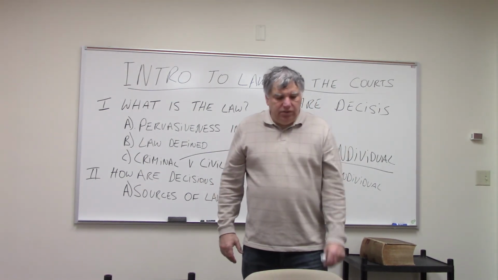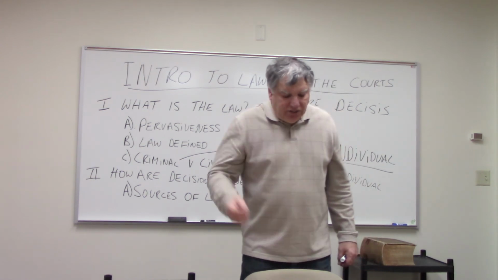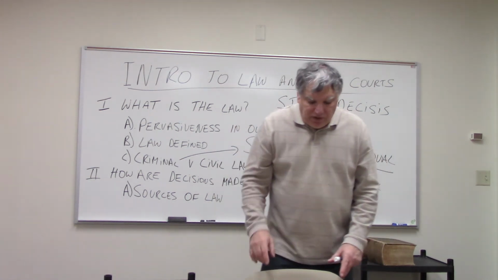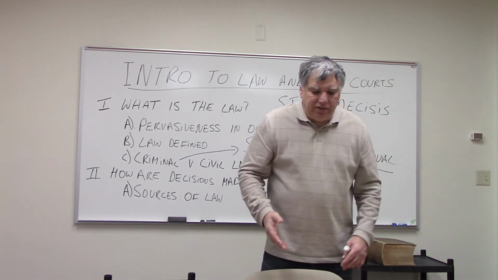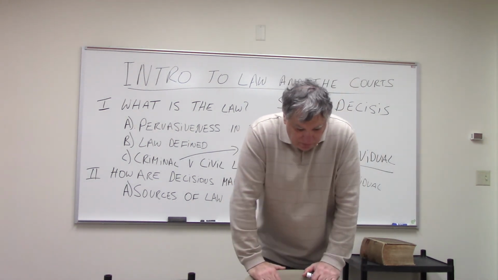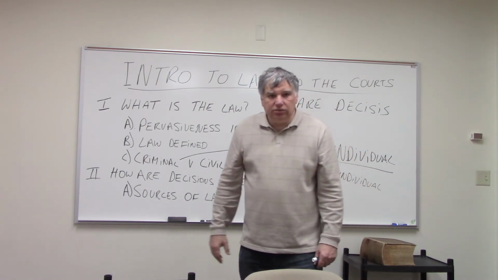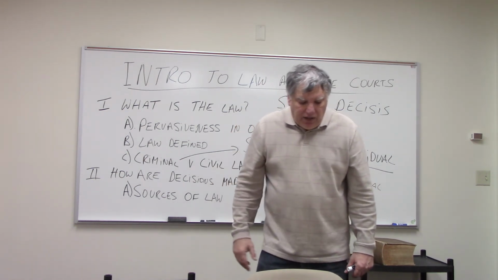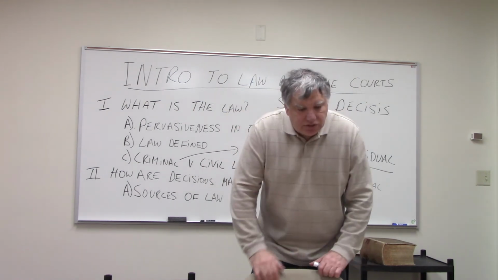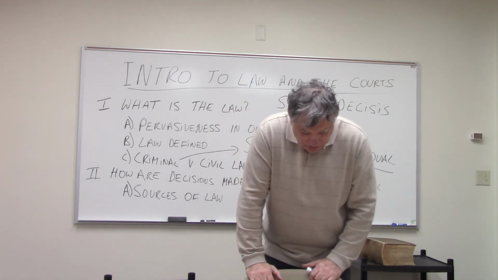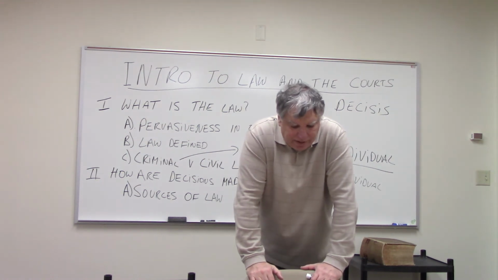So in other words, all cases that arise from the United States Constitution or questions about the Constitution or federal statutes or federal common law are tried by the federal courts. So first, federal question or subject matter jurisdiction.